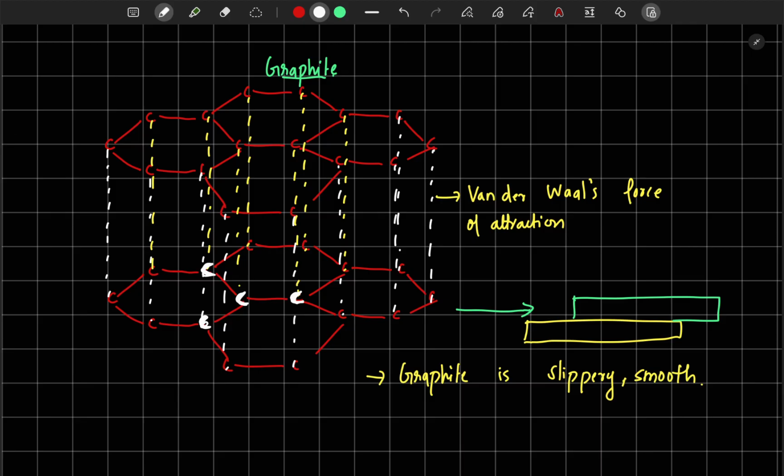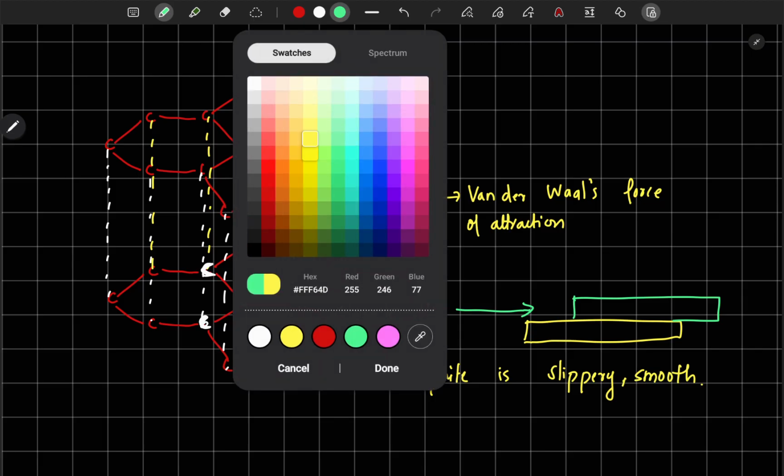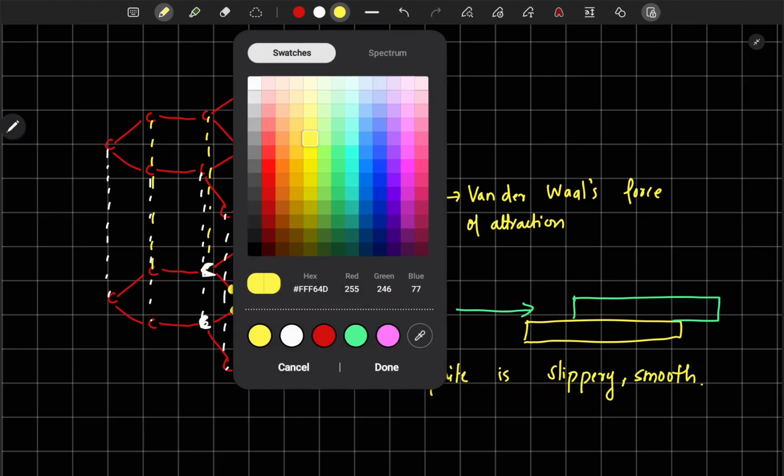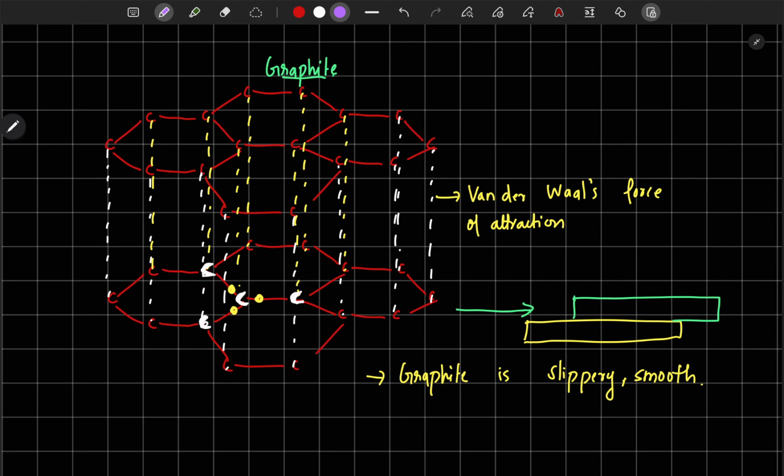So 3 electrons are shared in bonds, and I will represent one electron of this carbon, another electron of this carbon. The last electron is delocalized, so it will be present in the lattice like this. All these carbons will have one delocalized electron present in their structure.